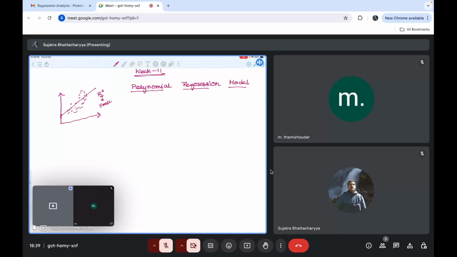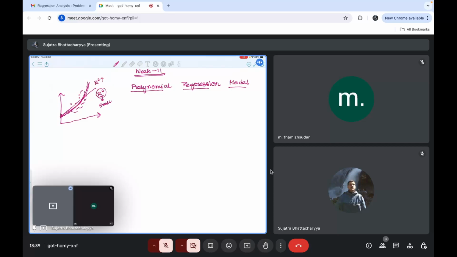If r square is very small, then it's not a very good model fit. So if r square is small and we are seeing that it's a kind of nonlinear relationship, can we go for a higher order model? We now fit a quadratic kind of model, something with a parabolic shape. Using the quadratic model, you will find that this r square value will be increasing.